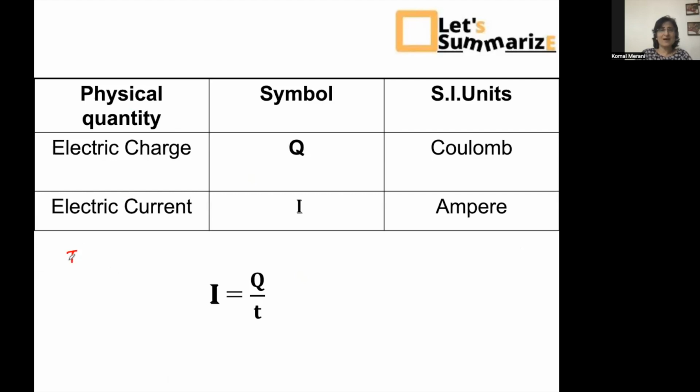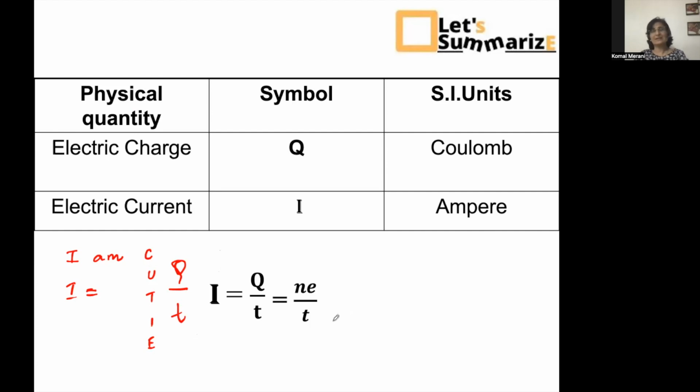I always say, I am QT. And so are you. I am means I equals Q by T. Okay, so remember this simple formula, which can also be equal to NE by T.